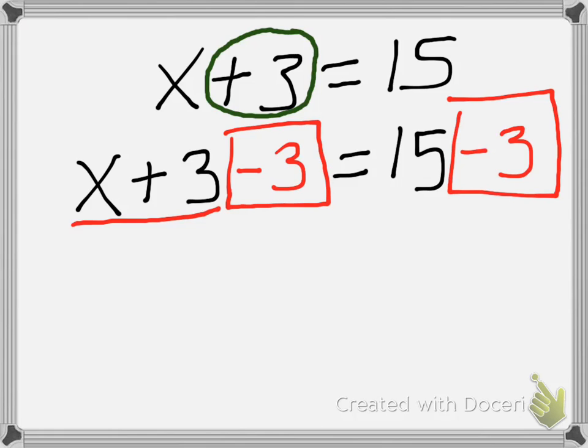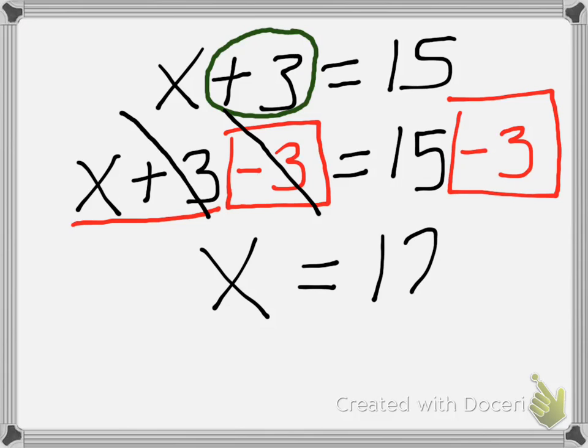Now I'm going to look at the left side and cancel, because if I have a number and I add 3 and then subtract 3, those cancel each other out, leaving only x on the left-hand side. On the right-hand side, I only need to subtract 3 from 15, which is 12.